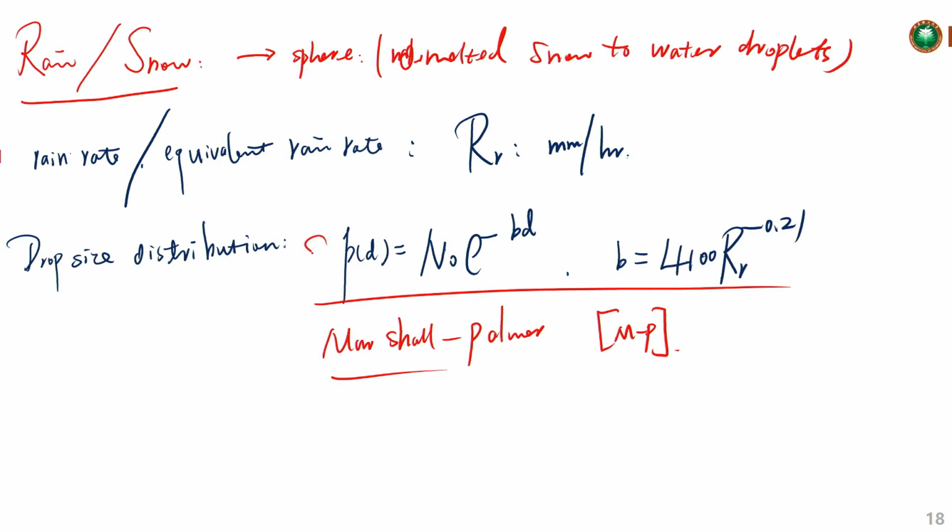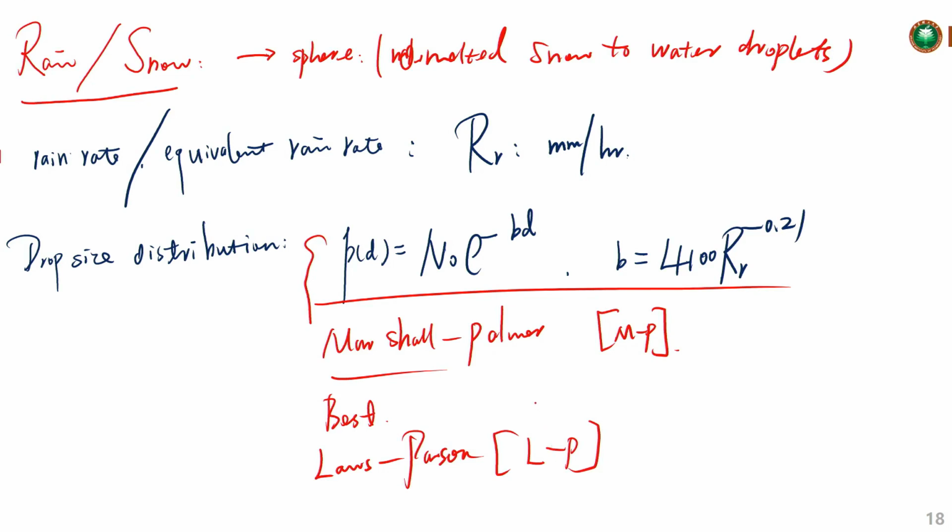Okay, so also we have several other expressions by other scientists, such as by Best, a scientist, and by the Laws and Parsons person. We call it the LP direct model.